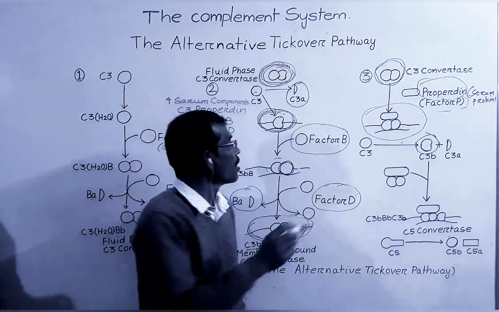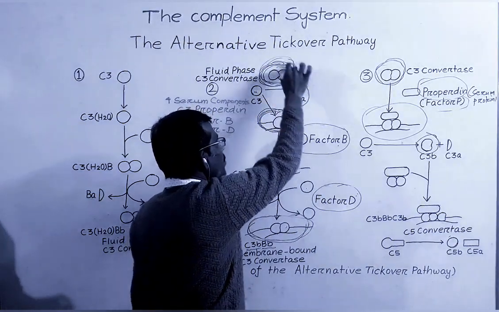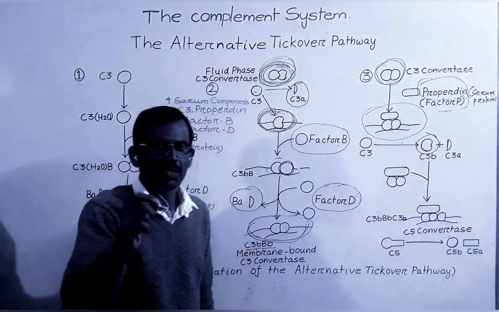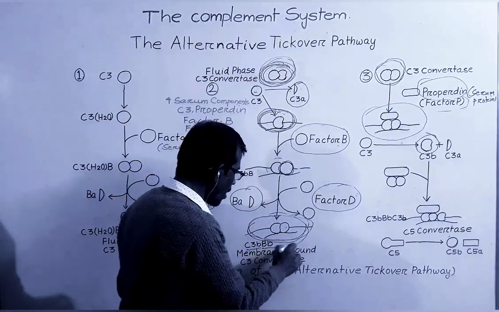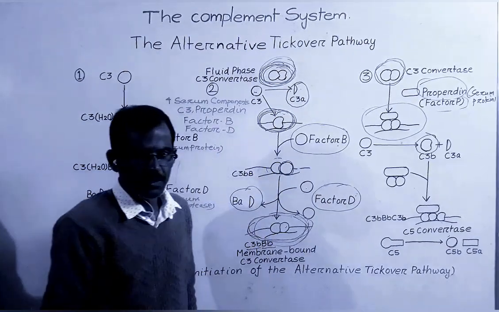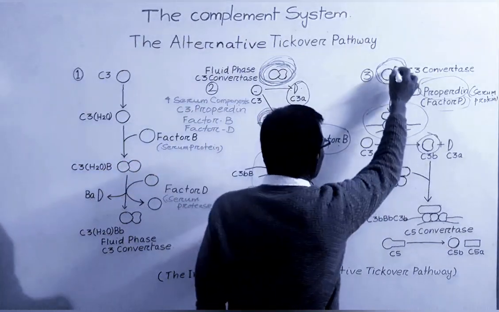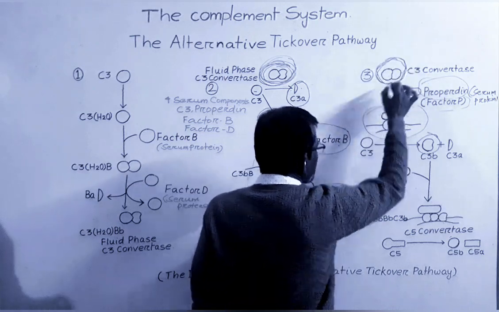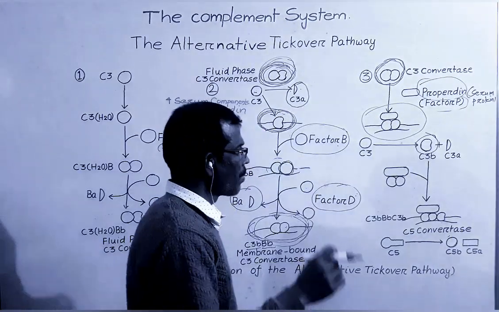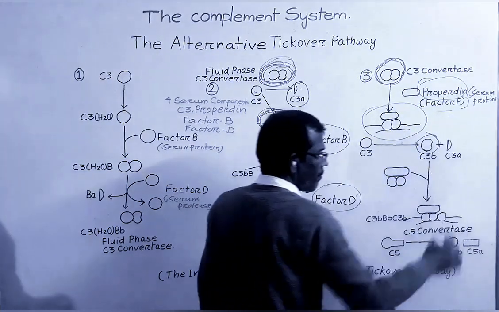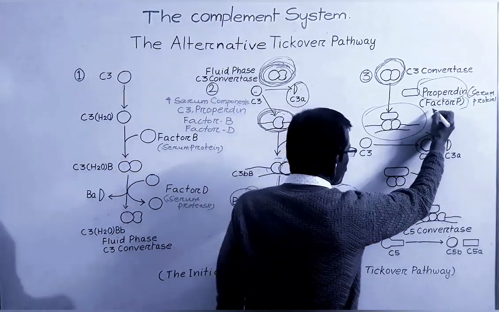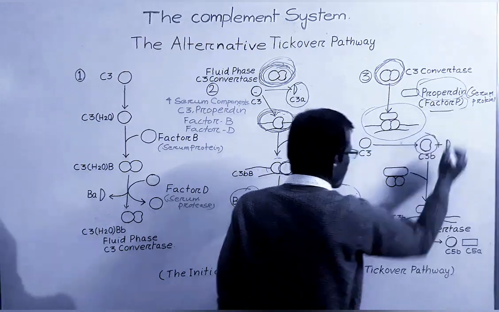One is a fluid phase C3 convertase that kicks off the pathway, and the other is a membrane-bound C3 convertase. The membrane-bound C3 convertase is unstable until bound by a serum protein known as properdin. This protein is also known as factor P.